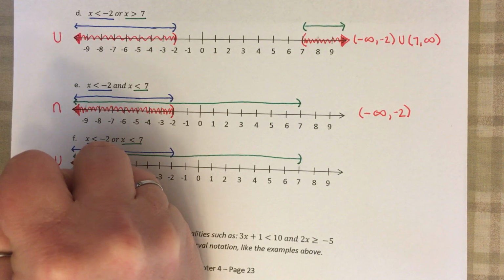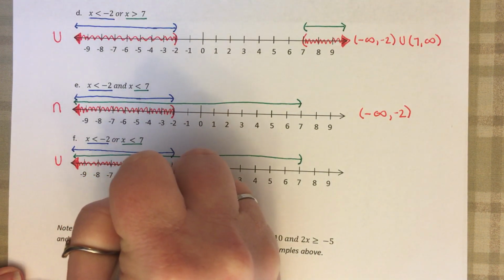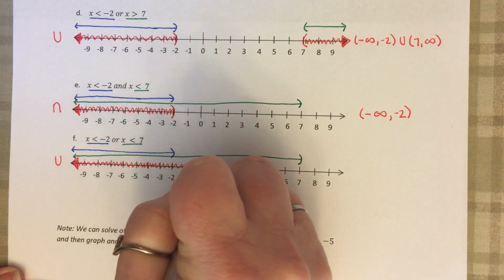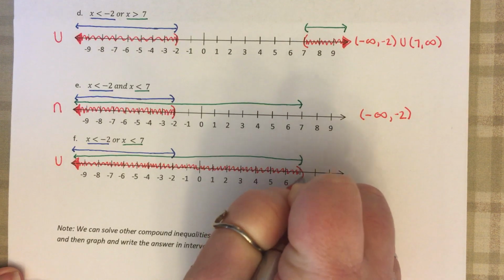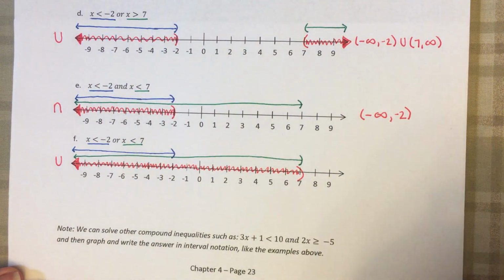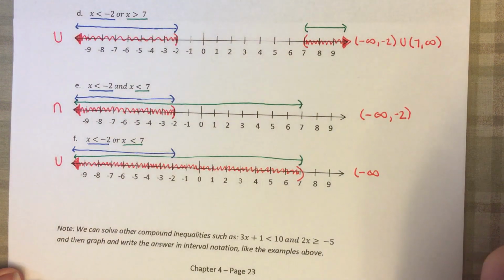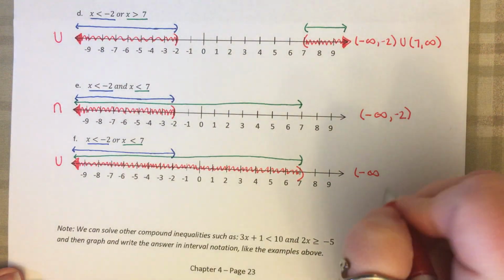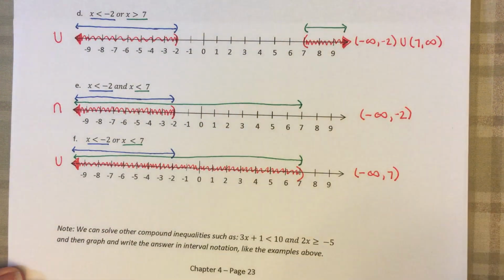We want anything on our number line that has an arrow above it. So that means we're not going to stop at the -2. We're going to keep going all the way until we hit the 7. So our final interval notation for this one is going to be -infinity to 7.